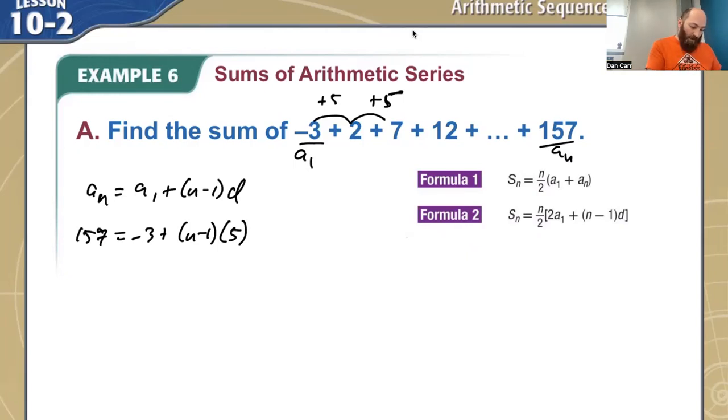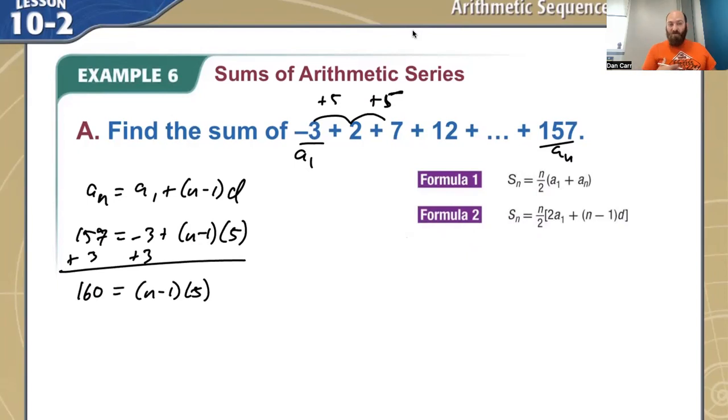We can add 3 to both sides. So 160 is equal to n minus 1 times 5. I could distribute the 5, but personally, I like to just divide by 5 here. That gives me 32. 160 divided by 5, yep, 32. And that equals n minus 1.